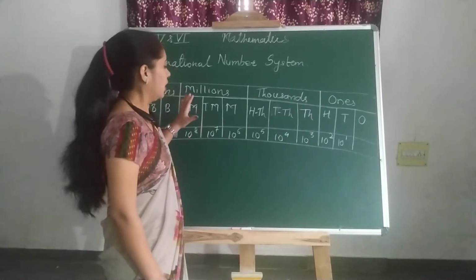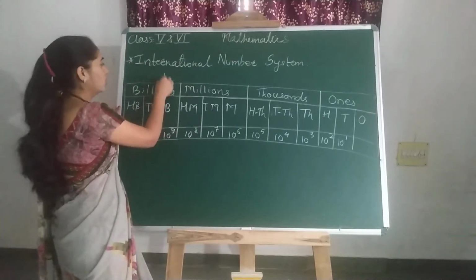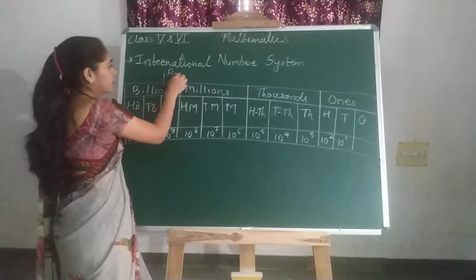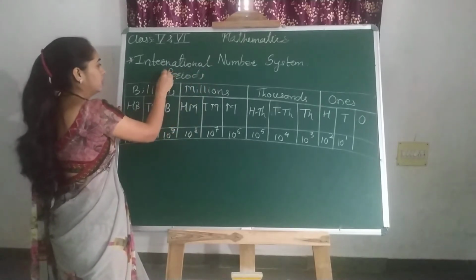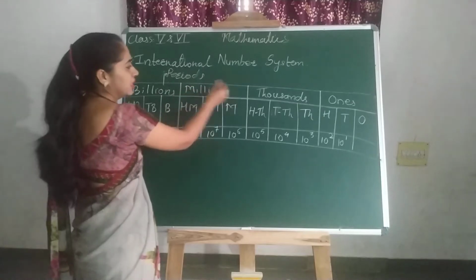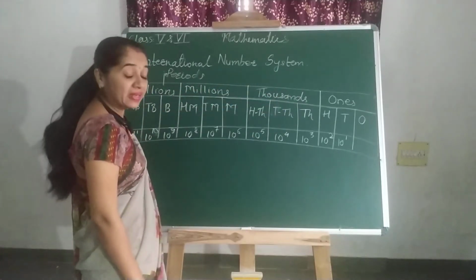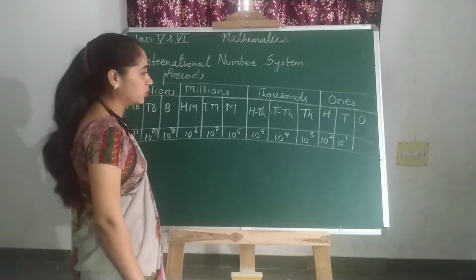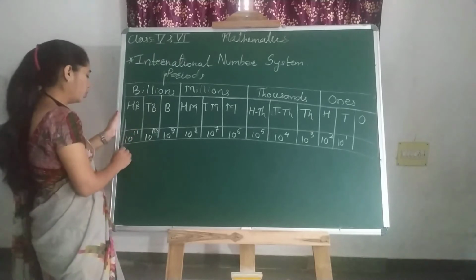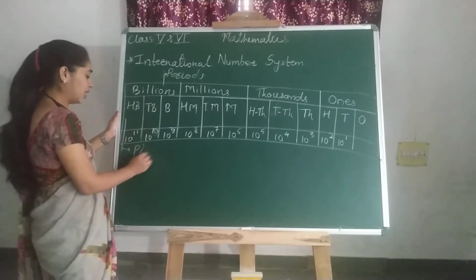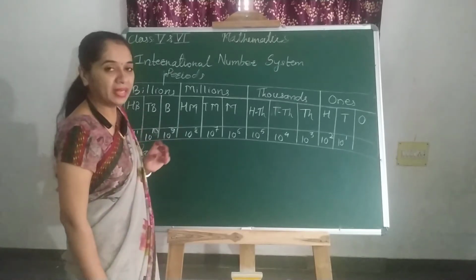Now as you all know, the first row in this is known as the periods. This billions, millions, thousands, ones which I have written, that is known as periods. And inside them, all these columns are known as places.